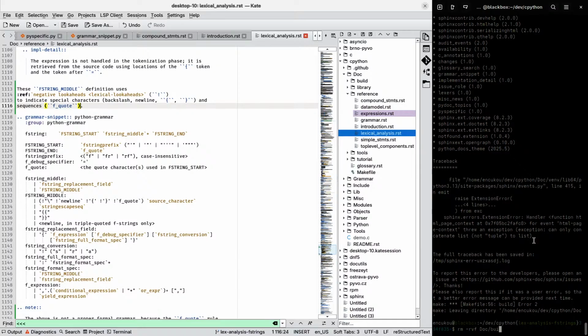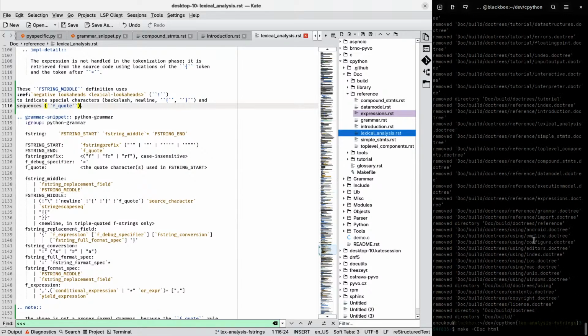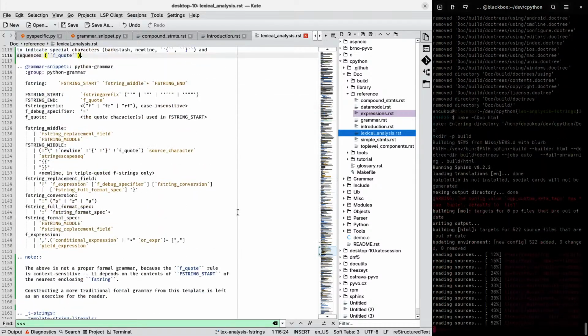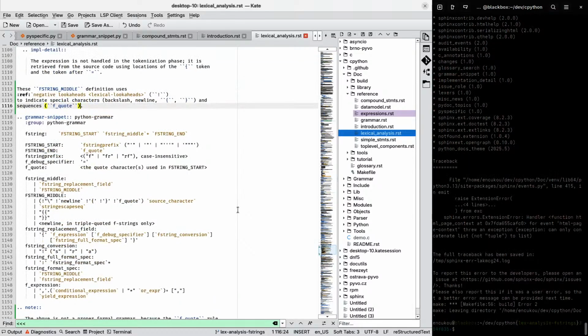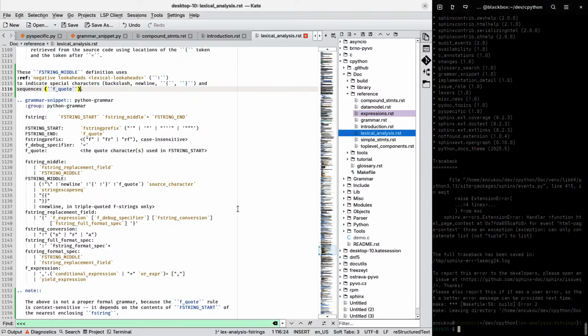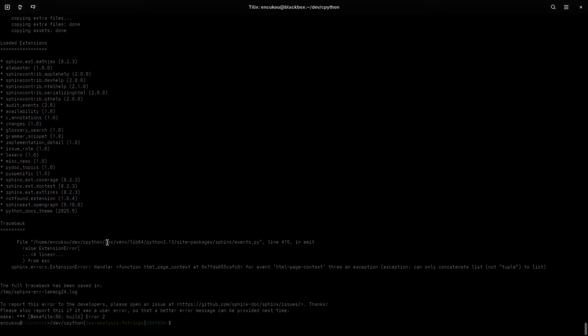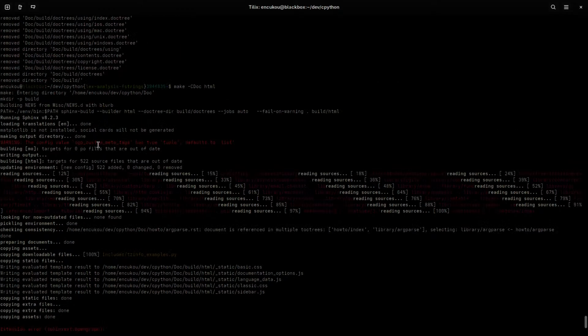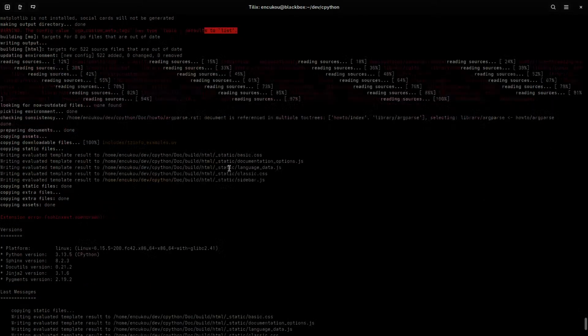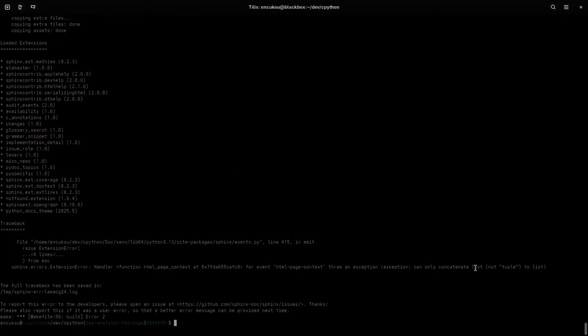to remove all of the cache. Nope. OGP custom meta tags has type tuple, defaults to list, and then it says can only concatenate list, not tuple, to list.